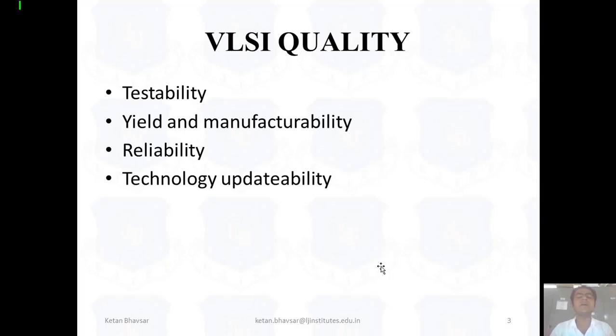The component and device should be testable, with yield and manufacturing ability in terms of the functional yield and parametric yield. When we're talking about bulk manufacturing, it should be a reliable product and it should be updatable.